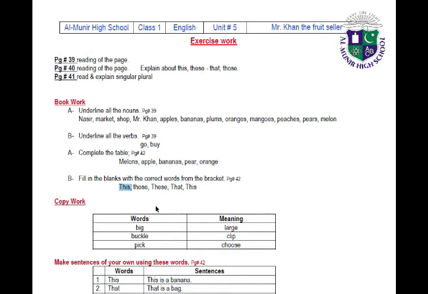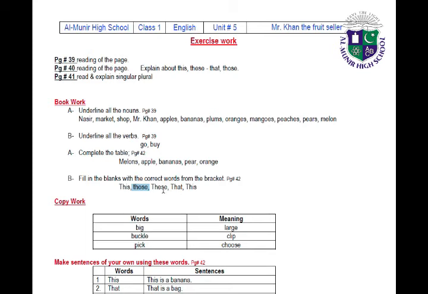These boys want dash bags. This sentence is in plural form, so we will choose the word those. Those bags. Number 3, dash eggs are white. Eggs.